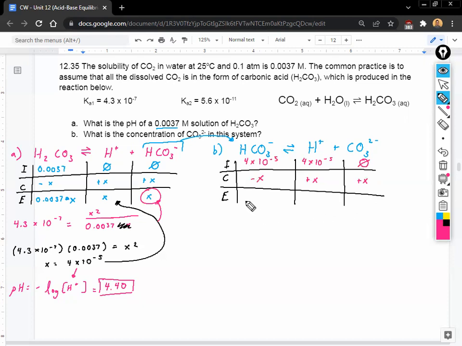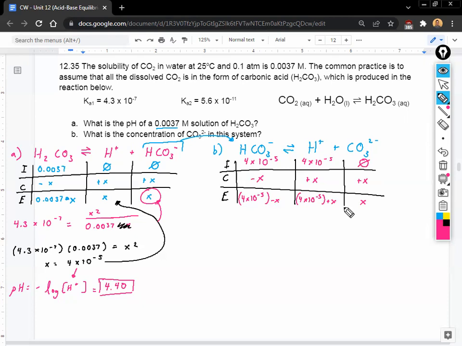Okay, which means for our equilibrium values, we're going to get 4 times 10 to the negative 5 minus X. We're going to gain the same amount for X. And then what we're looking for is this right here. X is going to be the concentration of CO3 2 minus. Okay, so that's how we set up our ICE table.